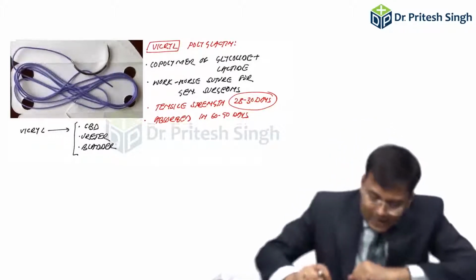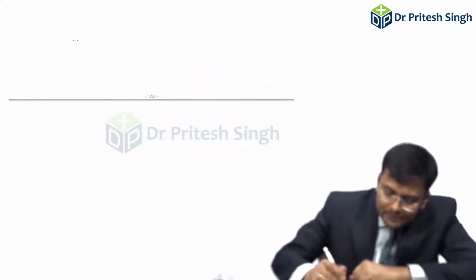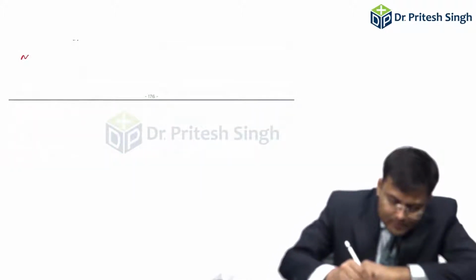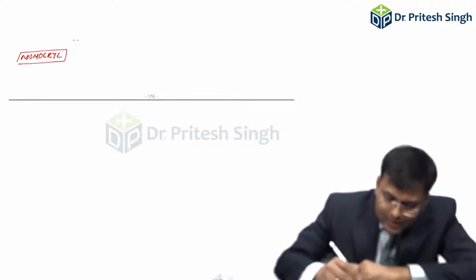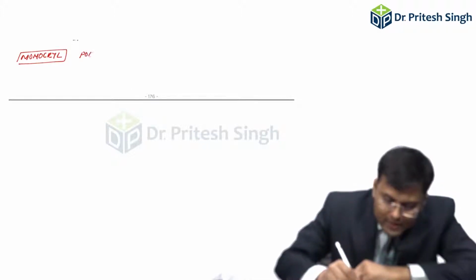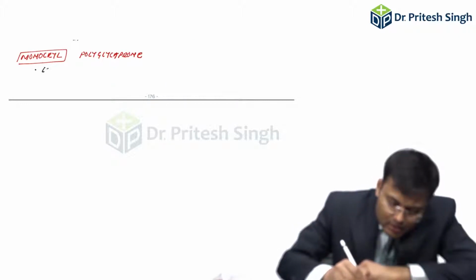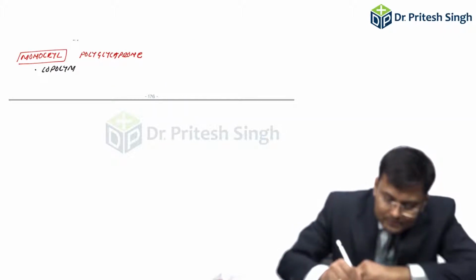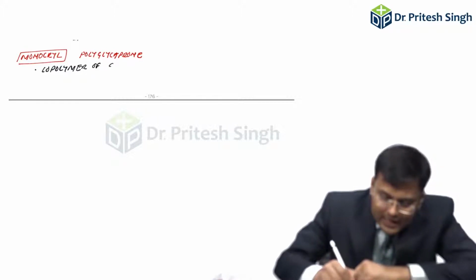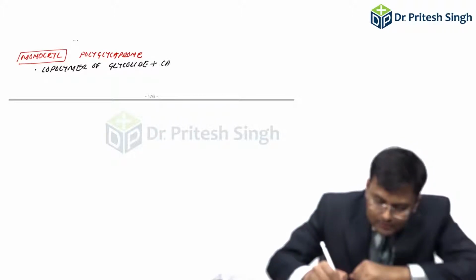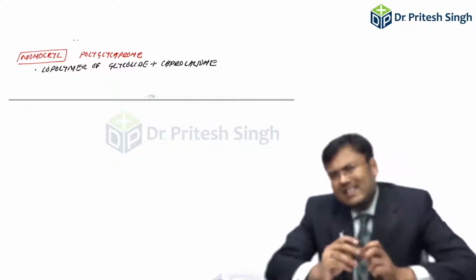So this is Vicryl. After that, Monocryl. What's the other name of Monocryl? It's also known as polyglycaprone. It's the copolymer of glycolide plus caprolactone. This question was asked in a latest exam.